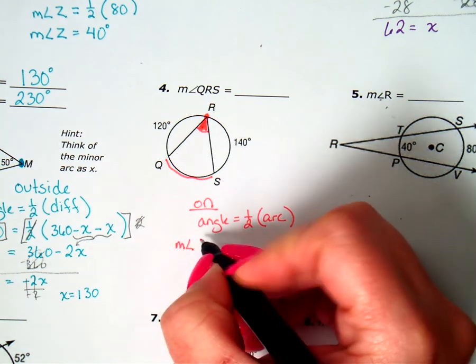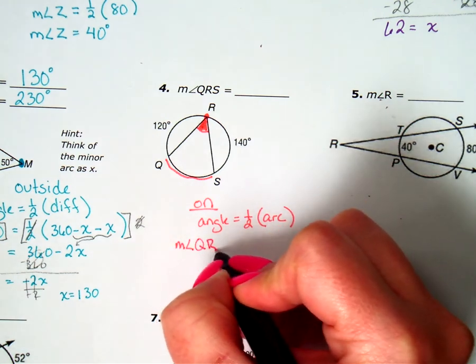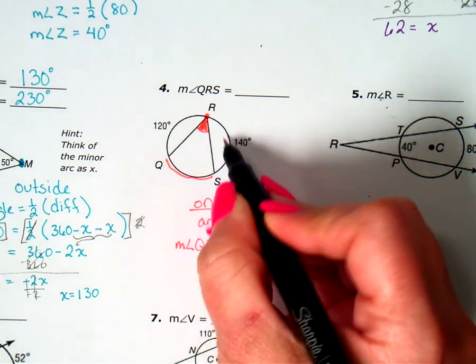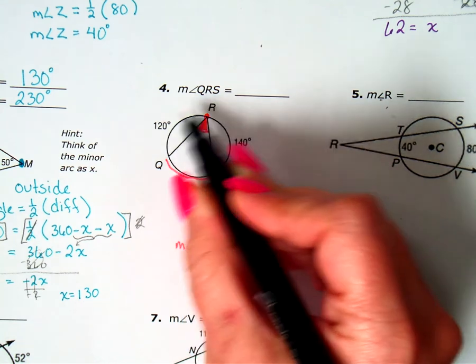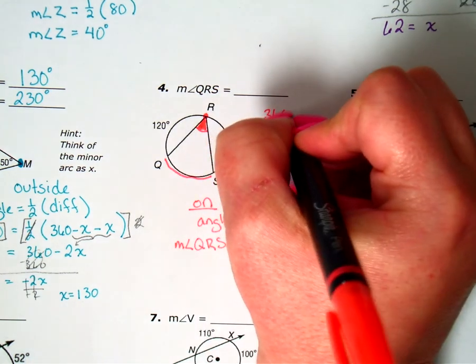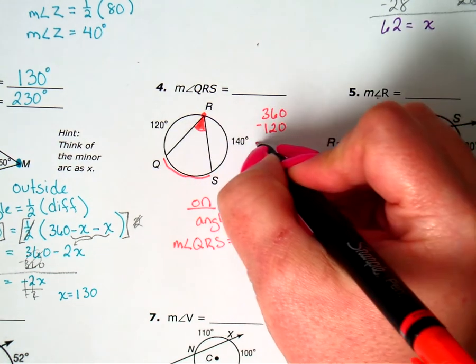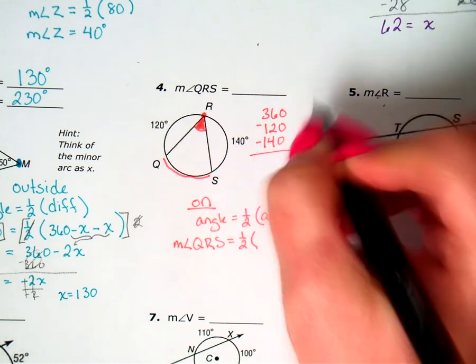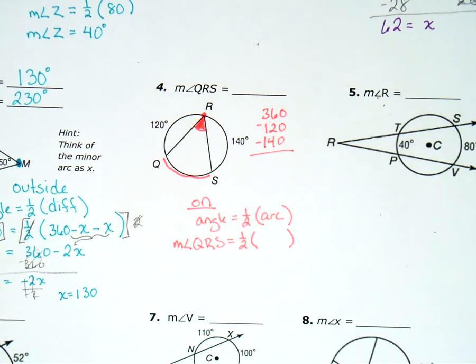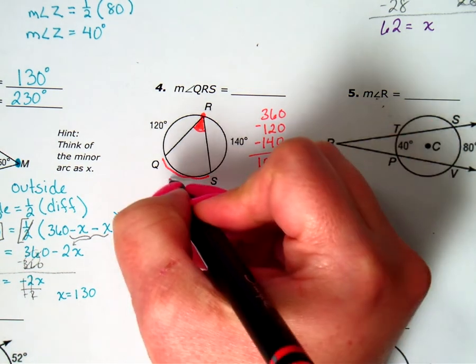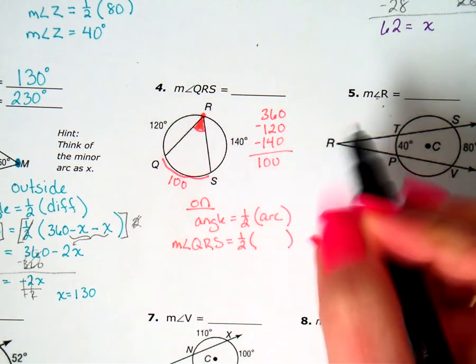The measure of angle QRS is 1/2 the intercepted arc, but I don't know this intercepted arc, but I sure can find it because all the way around my circle is 360 degrees, and I've already used 120, so I'm going to take that away, and I've already used 140, so I'm going to take that away. When I put in my calculator 360 minus 120, I get 240, minus another 140 leaves me with 100. So this arc here is 100 degrees.